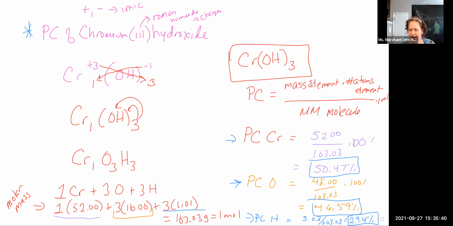Every single time, mass of element times the number of atoms in the element over the total molar mass of everything. And then if you're struggling with how to do the naming, remember that is going back to our nomenclature module so that you can learn how to ionic name and covalent name.